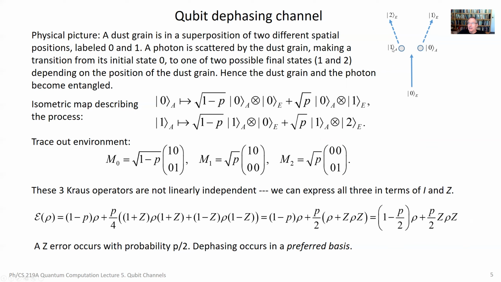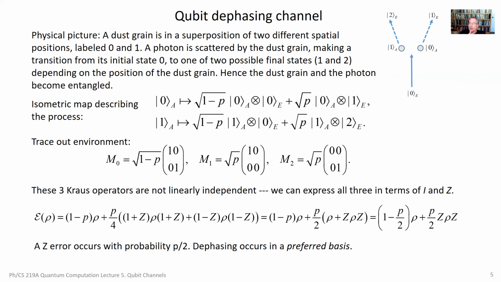Well, if on the other hand, the state of the dust grain were 1, then I'm going to suppose that again with the same amplitude as before, the square root of 1 minus p, there is no scattering. The photon doesn't encounter the dust grain. But in the case where there is scattering, now the photon is going to be scattered from the state 0 to the state 2. And so in the case when the dust grain was in the state 1, after the interaction with the photon, I have this state, the square root of 1 minus p, state 1 for dust grain, 0 for photon.